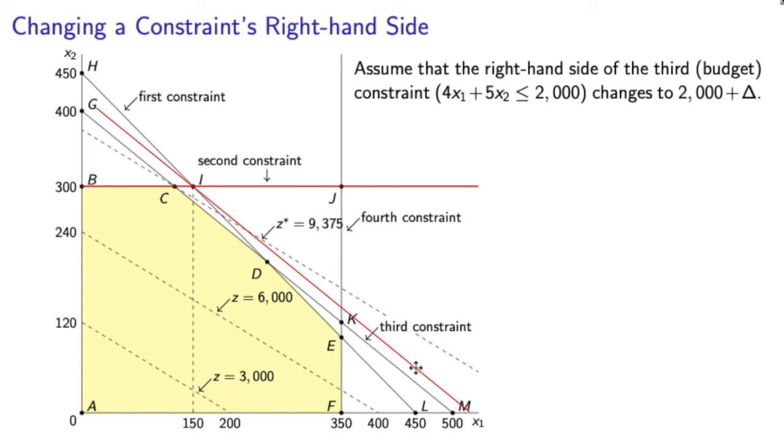And look, when we were moving this third constraint towards I, the point of intersection of the first and the third constraint was given by D. And see what happens to this point D when we move the third constraint toward I. It's gonna move up along the first constraint, and it will also converge to I. So with this move, we'll have three of the points C, D, and I converging towards the same point, which is originally I, okay, and all of these 3 points will represent different basic feasible solutions corresponding to the point with these coordinates here.